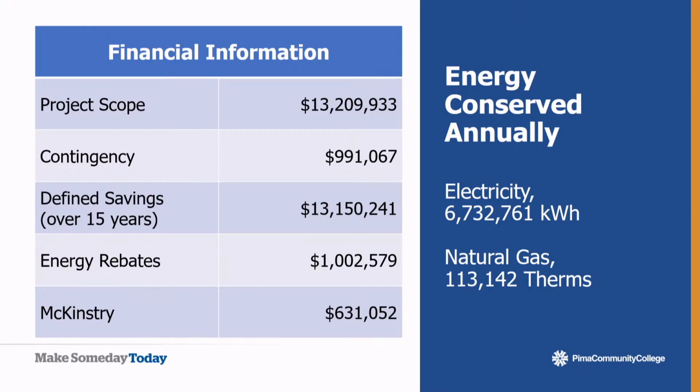And this is all going to be off of the energy savings that were guaranteed by Trane when they did the calculations for this project. So for electricity, that's going to show an annual savings of 6,732,761 kilowatt hours and 113,142 therms of natural gas.